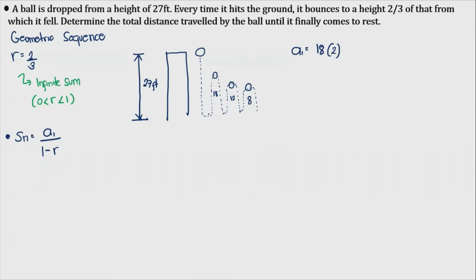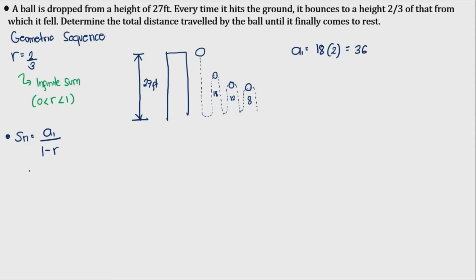Nag-bounce, umangat ng 18. Pagbaba niya, 18 na naman yun. Aangat ng 12, bababa ng 12. Aangat ng 8, bababa ng 8. Tuloy-tuloy yan hanggang sa mag-finally comes to rest na siya. Tingnan nyo, dalawa yung 18, dalawa yung 12, dalawa yung 8. So, ita-times 2 natin. Therefore, ang A1 natin is 36.